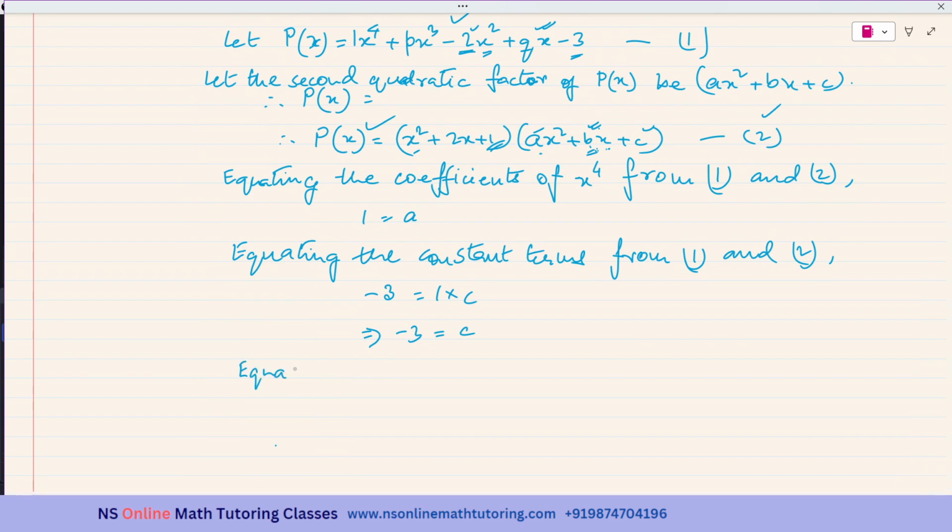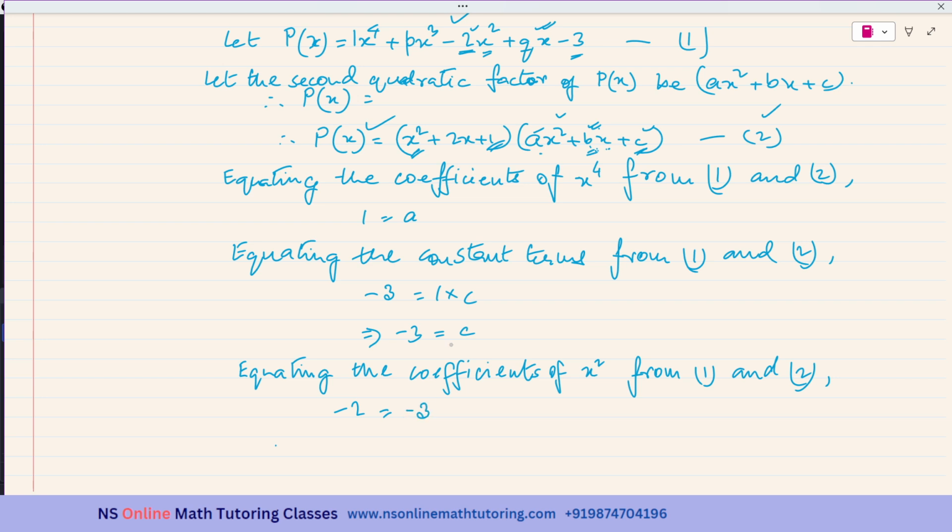Equating the coefficients of x squared from 1 and 2, it is minus 2 x squared from 1, so the coefficient is minus 2. And from equation 2, if you multiply x squared with c, c is minus 3, so you will have minus 3x squared.